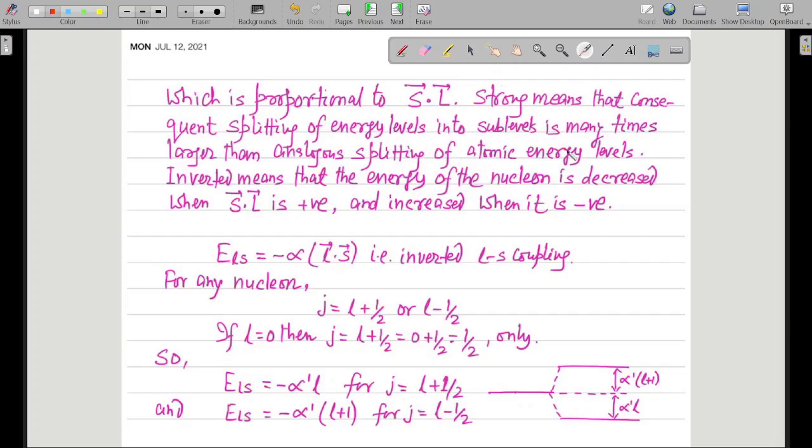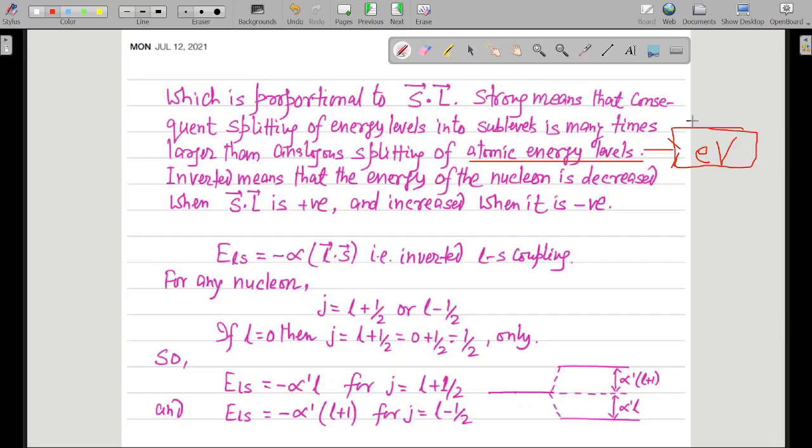In the case of atomic energy levels, when the splitting takes place, the difference in energy is of the order of electron volts.